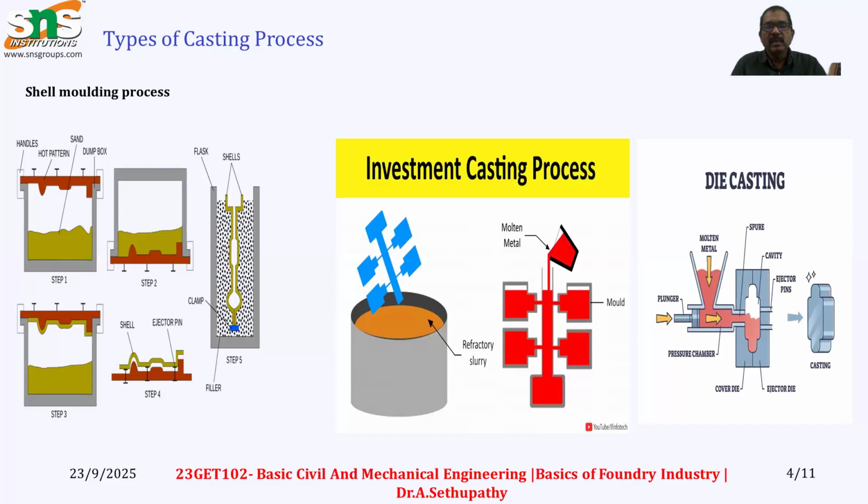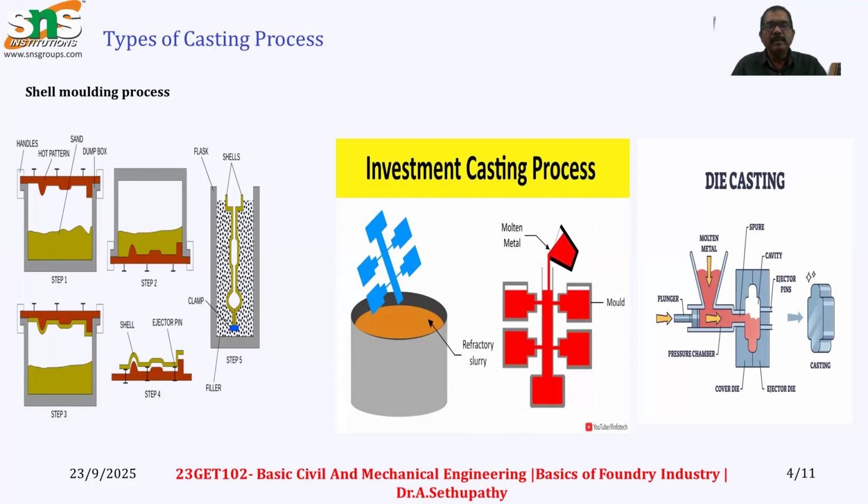Mostly these three types of castings are used in the foundry. One is shell molding, in which we make the mold from shells. This is applicable for manufacturing engine cylinders and cylinder heads. Investment casting is very costly.